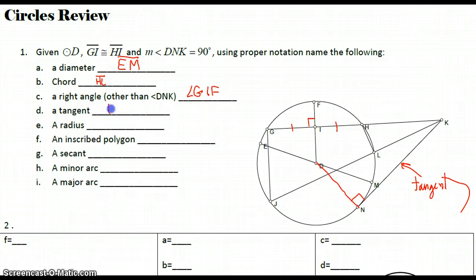KN, and really I think for KN you could say, I said line before, line is always safe. It's debatable whether or not people let you say segment KN is a tangent, but I think it is. Anyway, line's always safest. Radius, there's a bunch. How about DF? Radius would have to be a segment, of course. Okay, inscribed polygon. Inscribed means it's inside the circle.